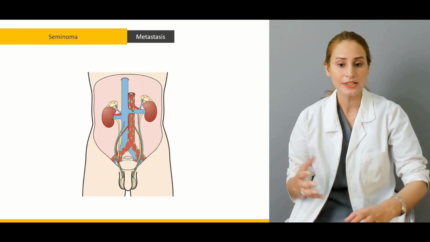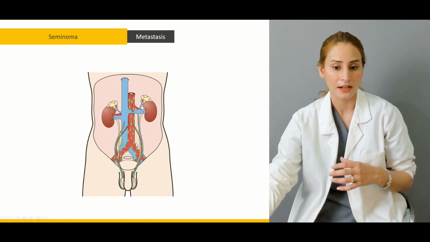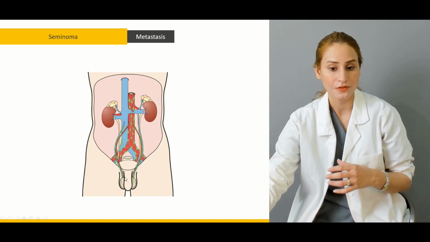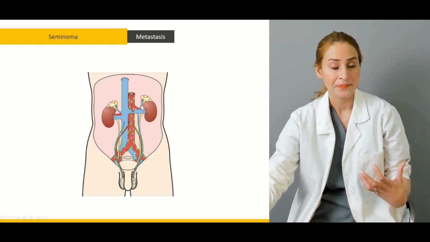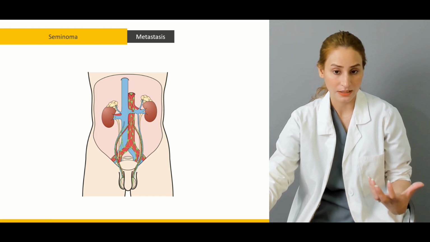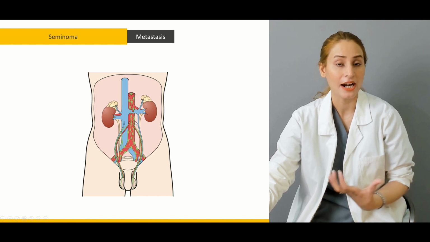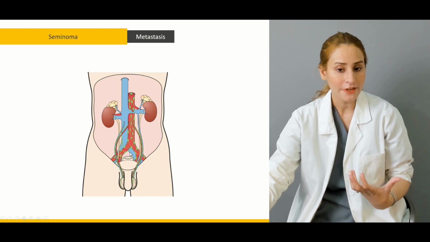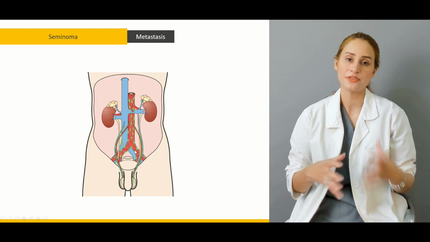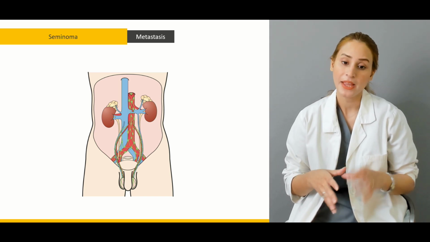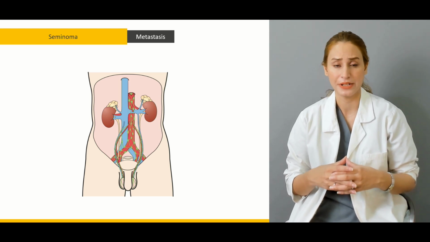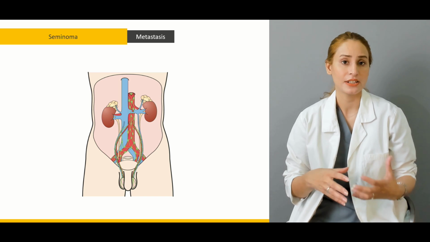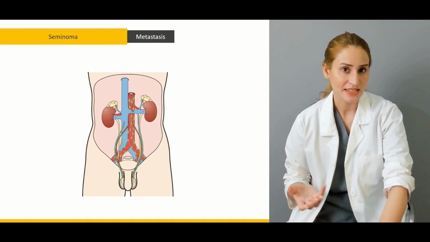You can see here in the diagram that this is the part of the testicles, and through the different local lymph nodes, they're particularly draining into the para-aortic lymph nodes. The abdominal aorta is centrally located in the abdomen, and dissemination to the para-aortic lymph nodes can lead to abdominal metastasis.